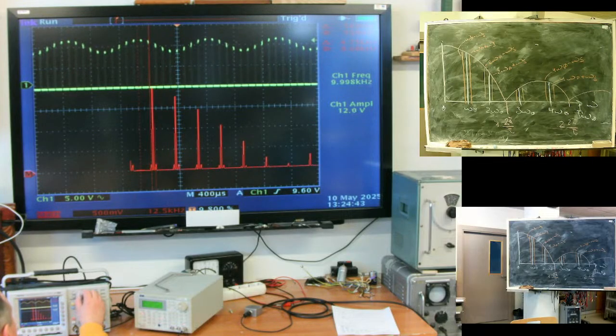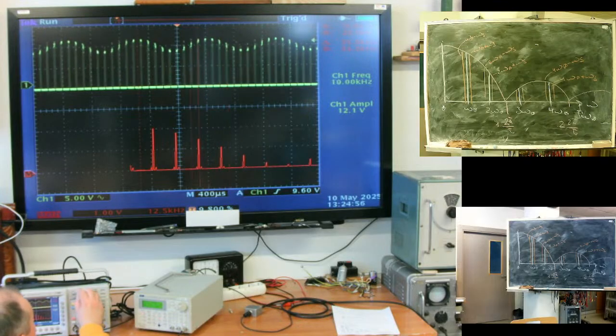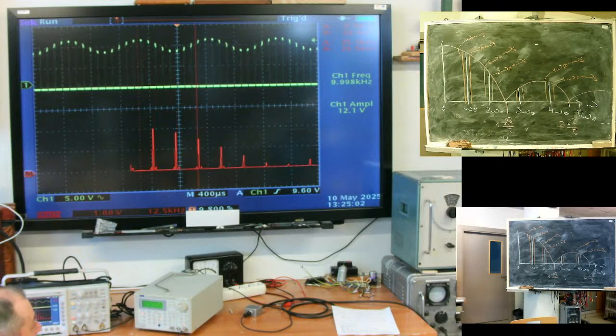And what I see, around each line, 10 kilohertz, 20 kilohertz, 30 kilohertz, 40 and so on, I see this smaller. These are spectral lines of my modulating signal.